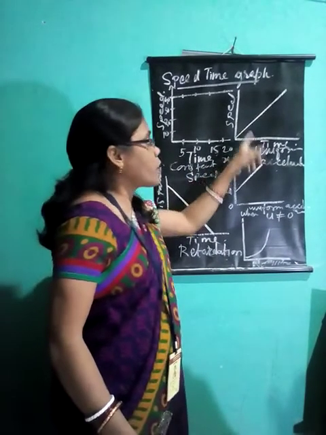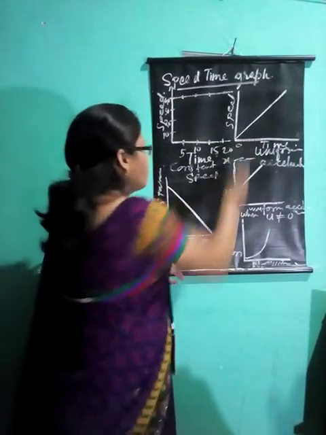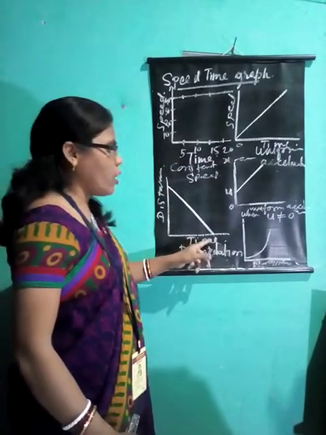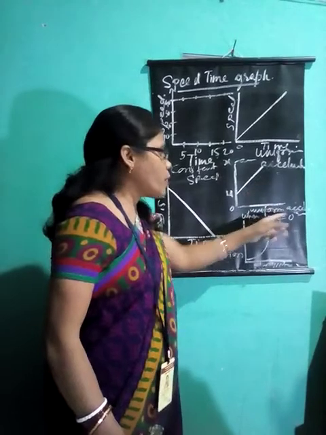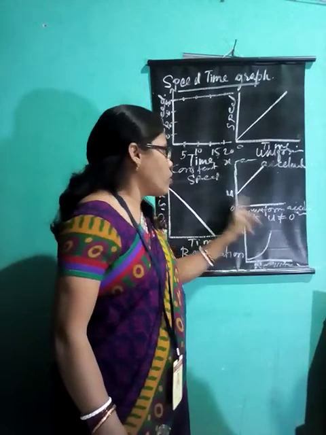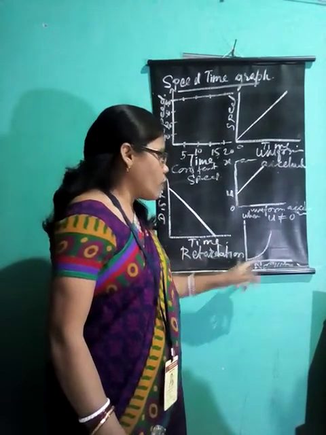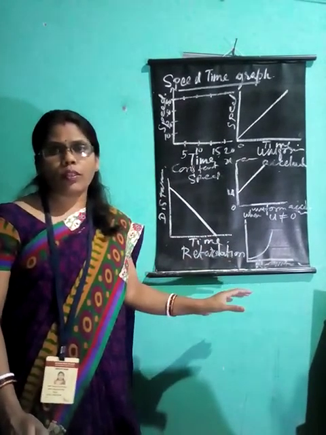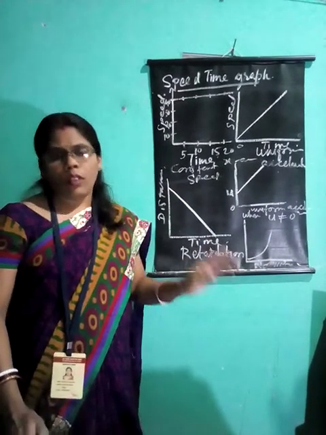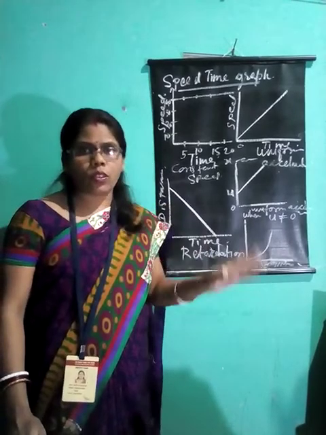This is for uniform acceleration, a straight line from 0. Then retardation, you have a downward straight line, and when it is uniform acceleration but u is not 0, this gives you a straight line from u, and for non-uniform acceleration you have a curved line. So this is all about the graphical representation of the speed time graph as well as the distance time graph.